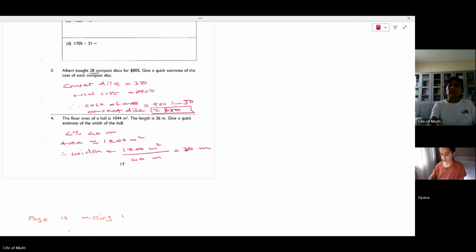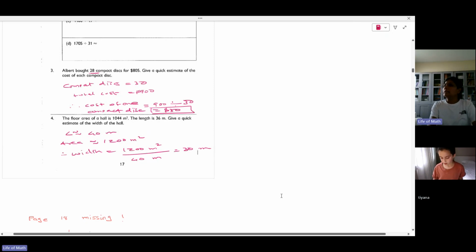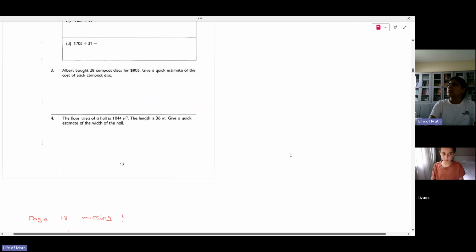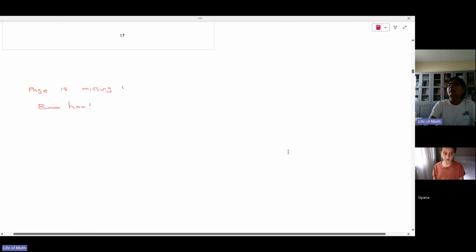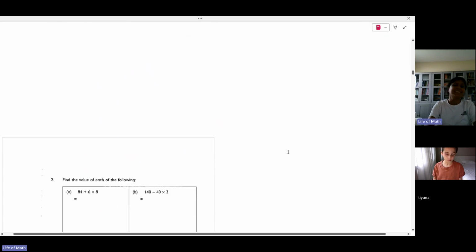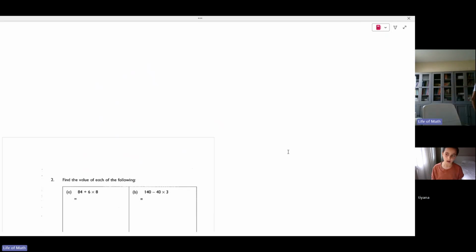Got it. Okay. My next page is missing from my file in here. So I want you to go and work on that page because it's missing. So let me grab the book in here.